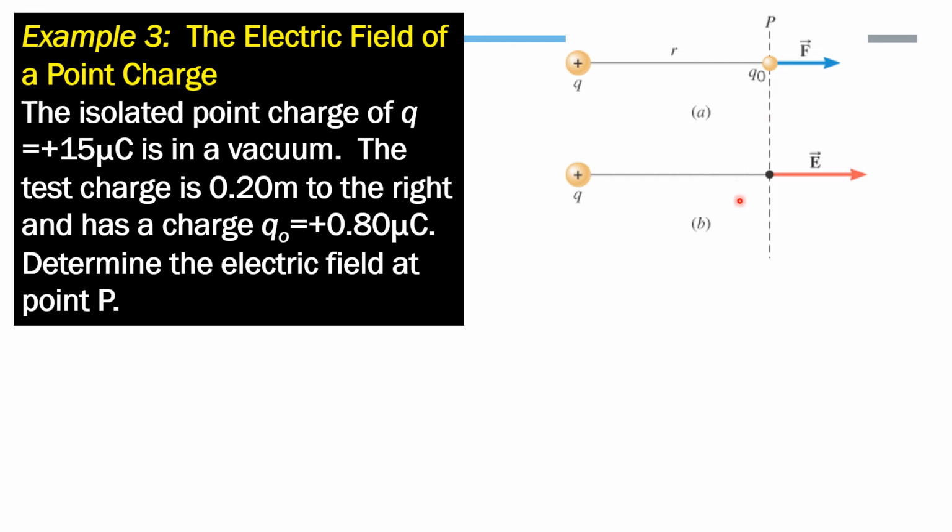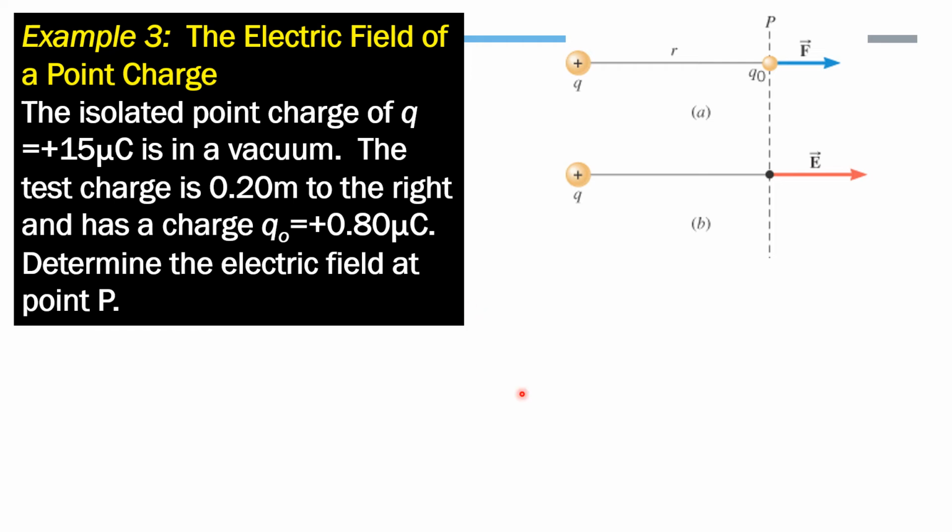And in illustration letter B, we also have the representation of the electric field at that same point P. This electric field, take note, is the electric field owned by the center charge Q without the subscript. So that's our illustration. And we are asked to find the electric field at point P.